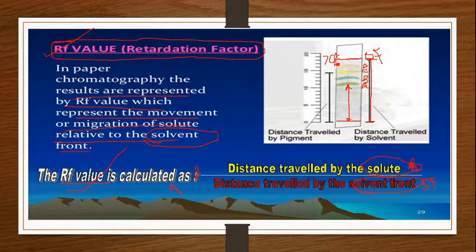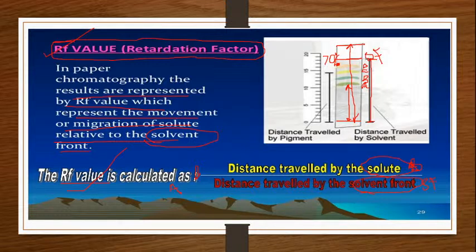You may have forgotten, deliberately or non-deliberately, or you may have been engaged with another work. In that case, the solvent will travel throughout the paper, and there is no solvent front as such.